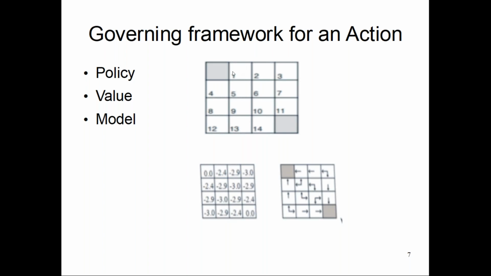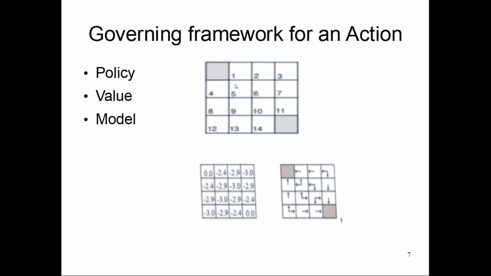From box 1 there could be a probability of 0.6 of going to 2, and a probability of 0.4 of going to 5.